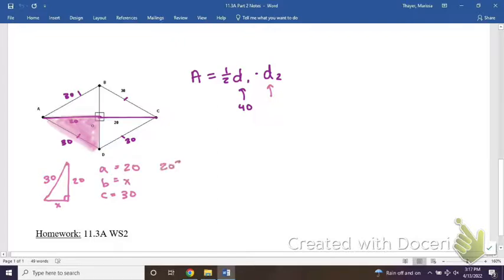When I do 20 squared plus x squared equals 30 squared, 20 squared is 400, 30 squared is 900. When I subtract, I get x squared equals 500, and the square root gives me 10 root 5. So that is this length.